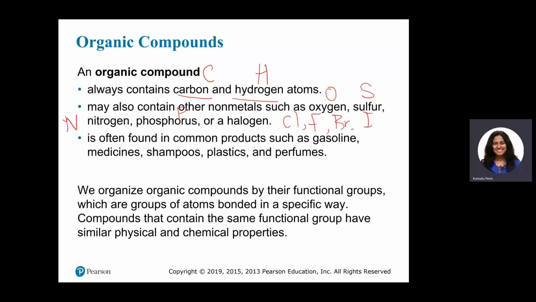We find these organic compounds in many of our day-to-day life items, such as gasoline, medicine, shampoos, plastics, perfumes. Organic compounds are everywhere. We always use some sort of organic compound.